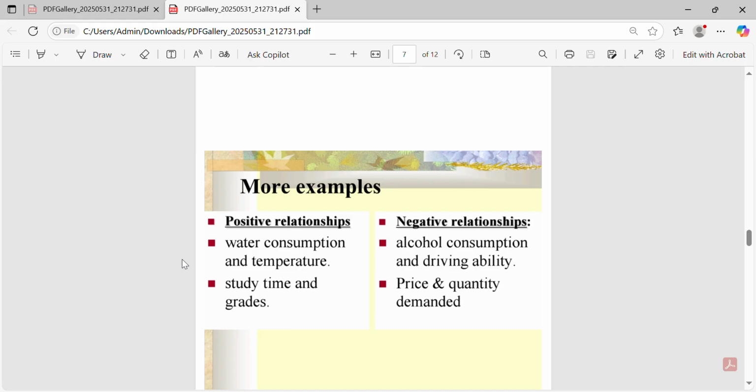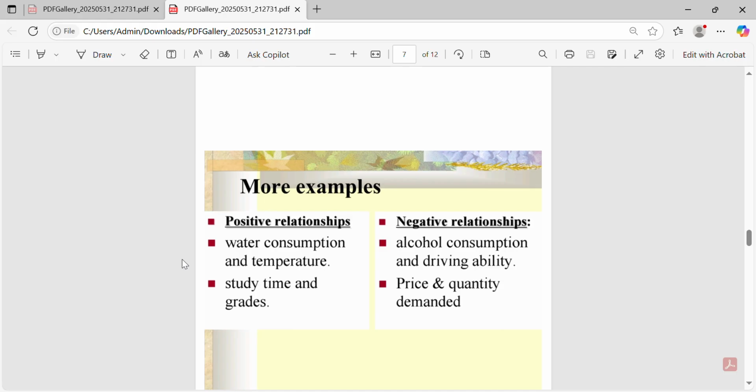If we give time to study, then grades will increase. These describe positive relationships, as does alcohol consumption and driving ability.